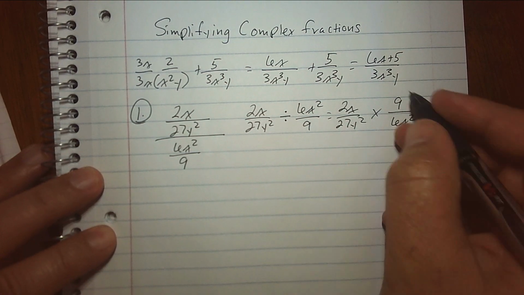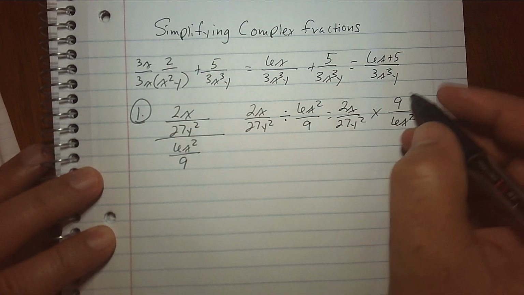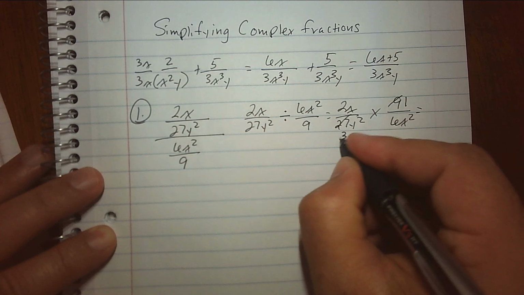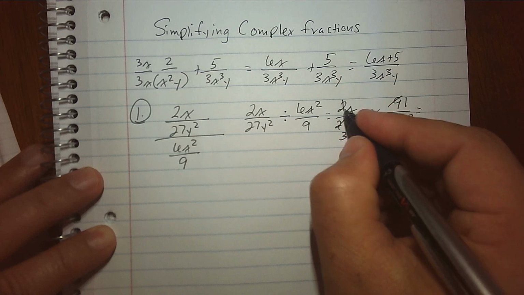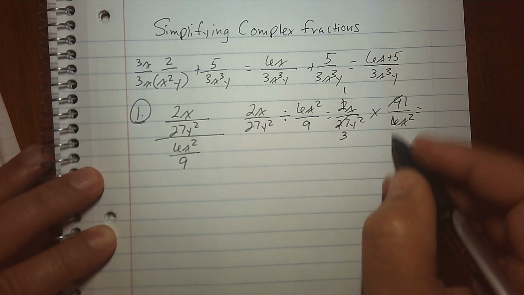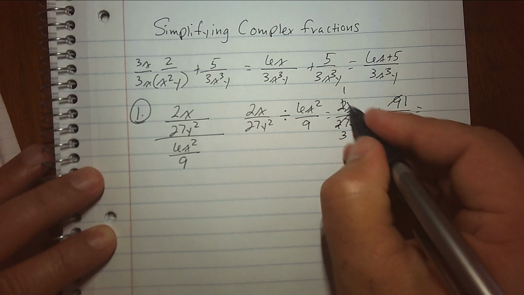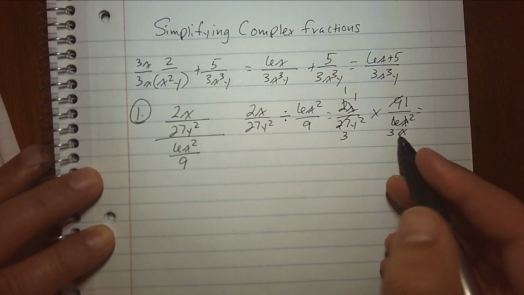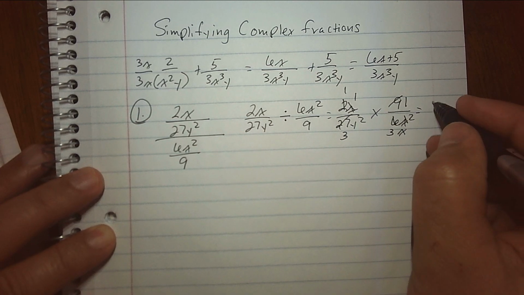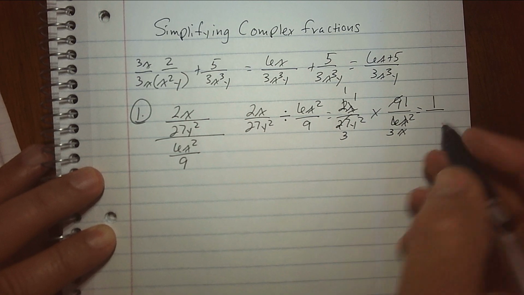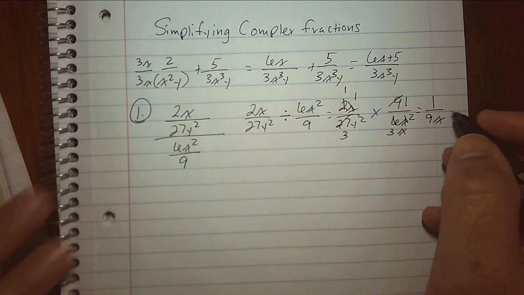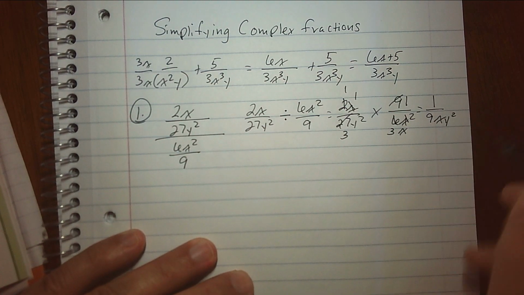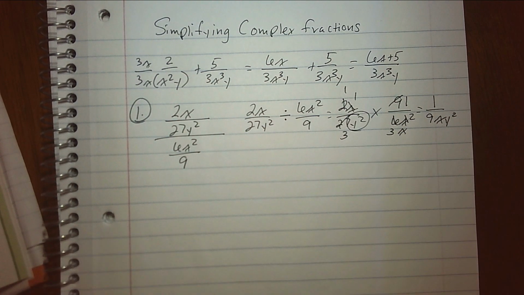Now if you remember the cross factoring that we had talked about before, 9 goes into itself once, 9 goes into 27 3 times. 2 goes into itself once, 2 goes into 6 3 times. x goes into itself once, x goes into x squared once, so there's one x left over. So I've got 1 times 1 on top, and 3 times 3x on bottom, so I end up with 1 over 9x y squared. Don't forget the y squared is still there.